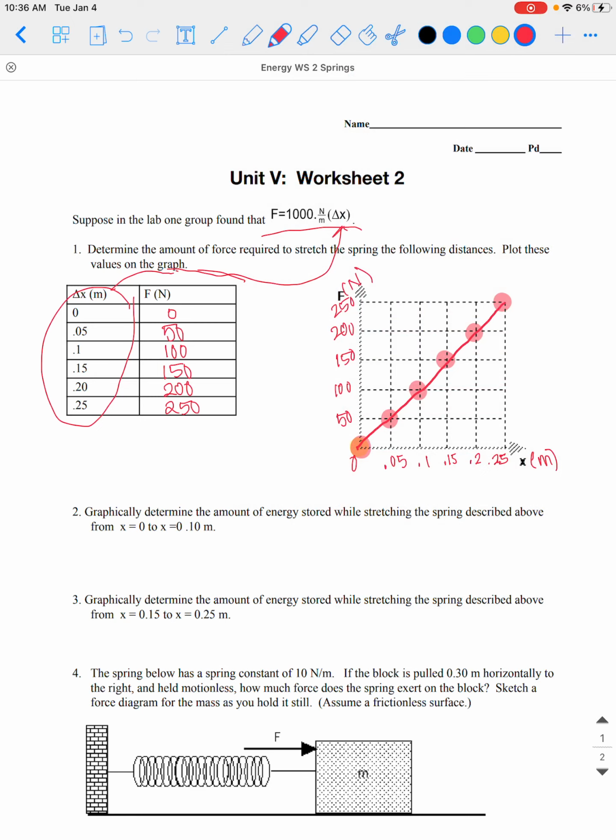As best as you can, you would use a ruler and draw a straight line through that, and that gives you your graphical representation of the force of a spring and the distance it's stretched.